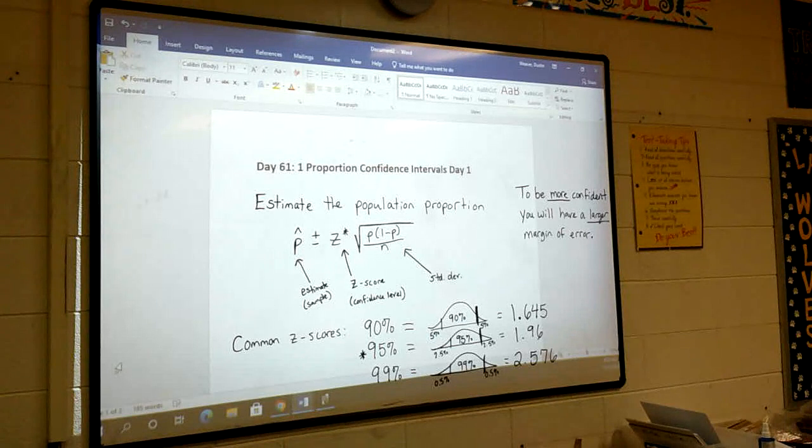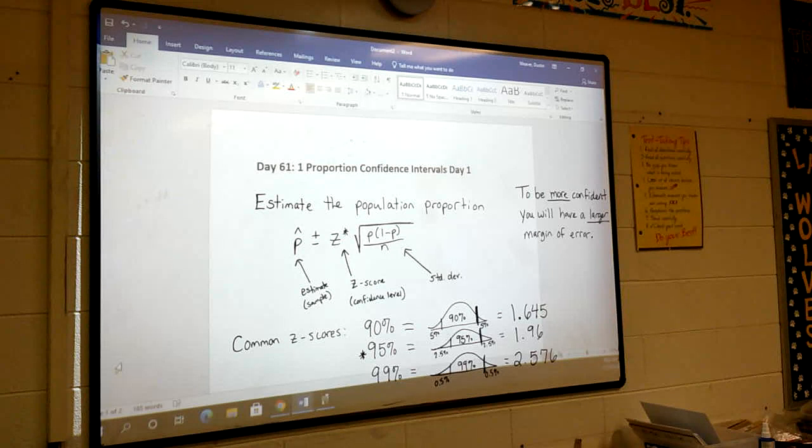If I sit this on the ground and I have a piece of paper, how confident am I in throwing this piece of paper into that jar? I'm not going to be very confident, okay? It's a lower confidence level for me to throw this piece of paper in that jar. If I want to be more confident in doing something, I've also got to have a bigger margin of error.